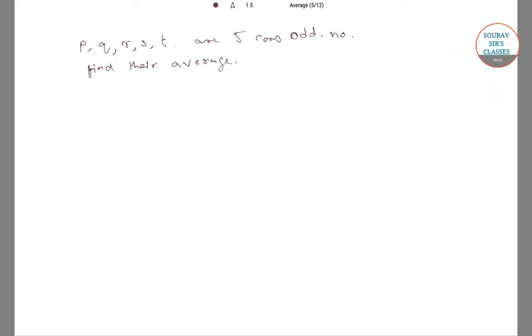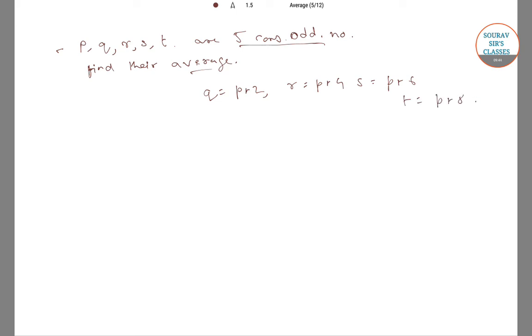Now let us solve the following question. Here we have P, Q, R, S, T as 5 consecutive odd numbers and we have to find their average. Obviously Q is equal to P plus 2, R is equal to P plus 4, S is equal to P plus 6 and T is equal to P plus 8.